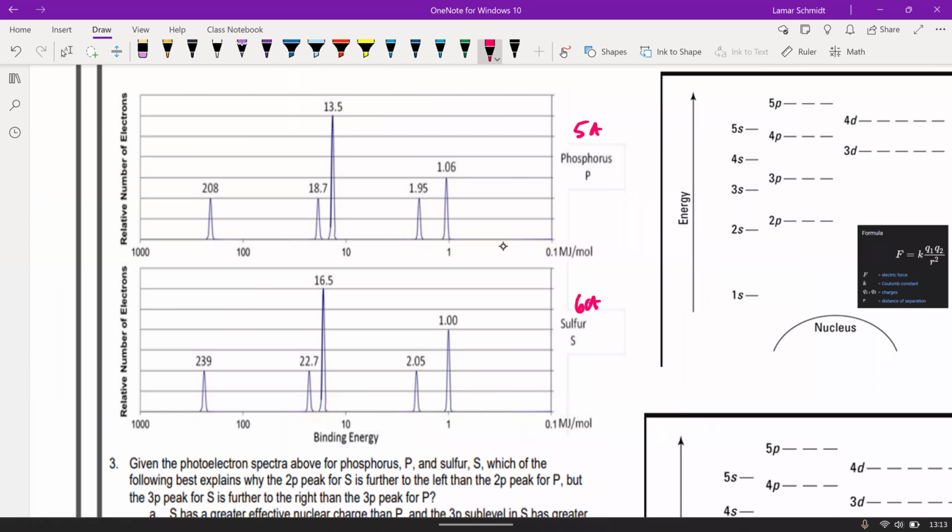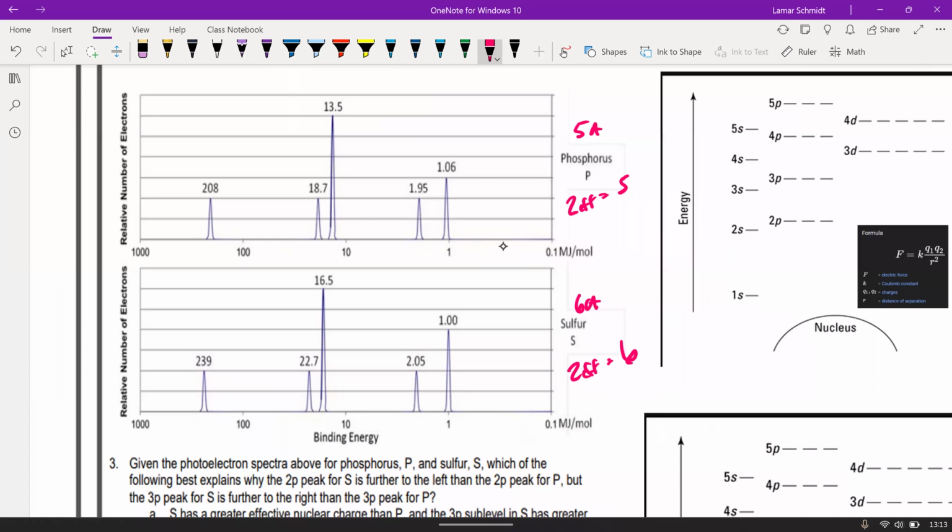And if we look at the effective nuclear charge, remember we talked about this the other day, those elements in group 5A have an effective nuclear charge, Zeff, of 5. And those in group 6A have an effective nuclear charge of what? 6. And the effective nuclear charge lets us know about the relative attraction electrons have for the nucleus.